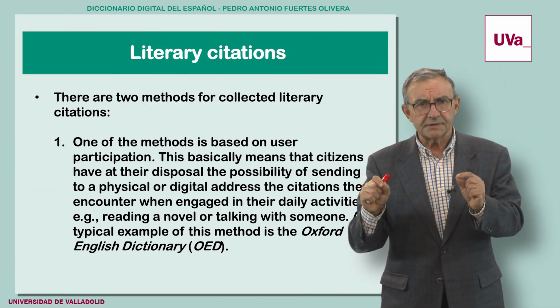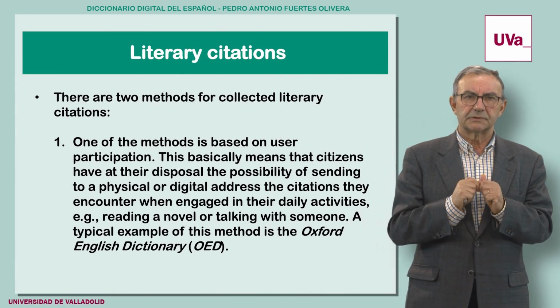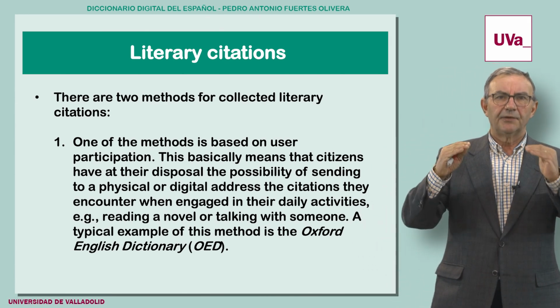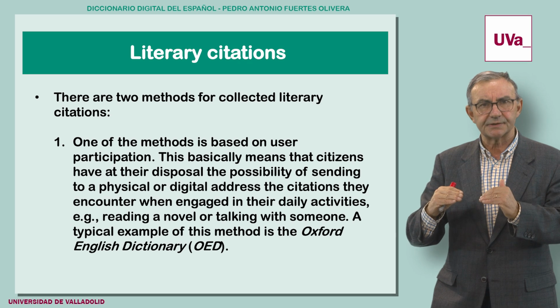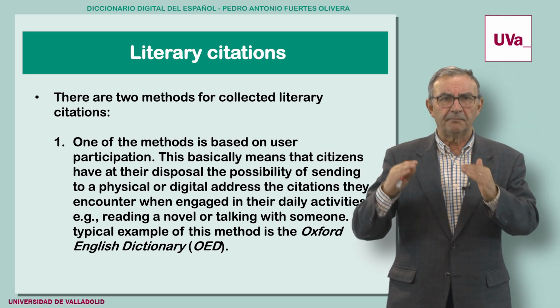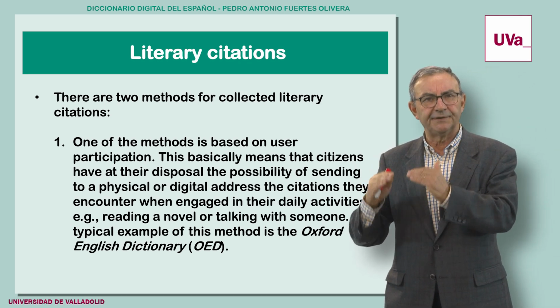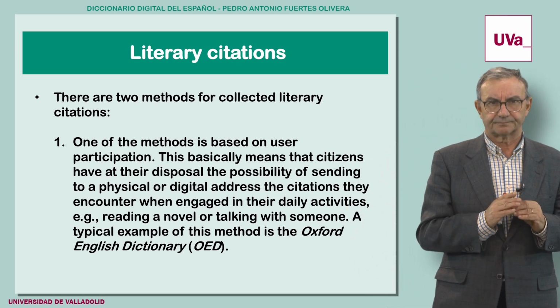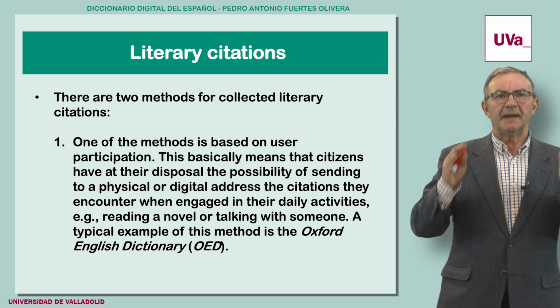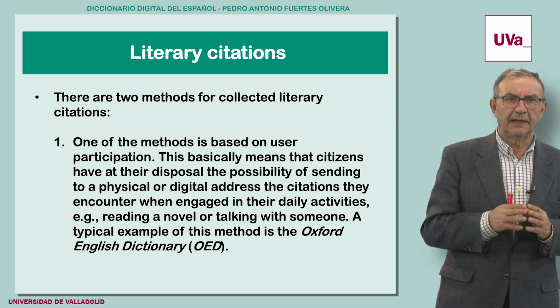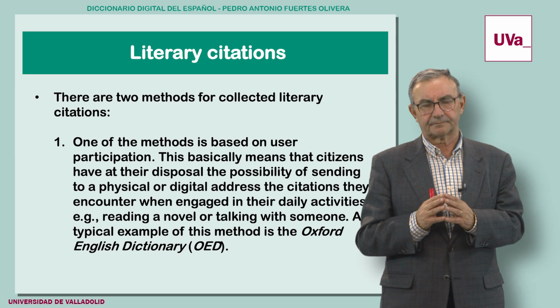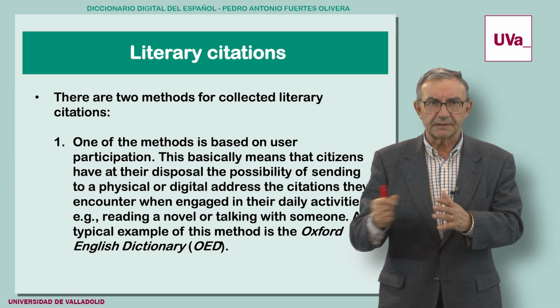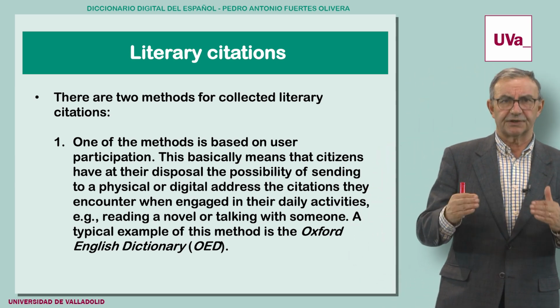Literary citations for lexicographic use are typically collected through reading and research by means of manual methods and digital tools to scan and analyze text. There are two main methods for collecting literary citations. One of these is based on user participation.